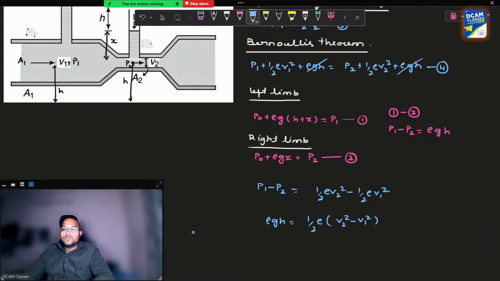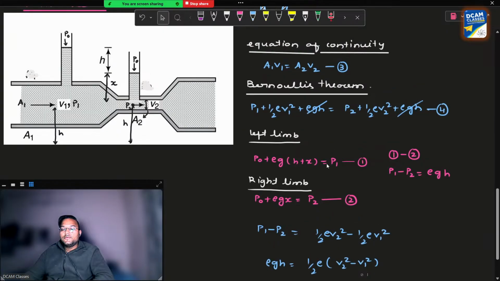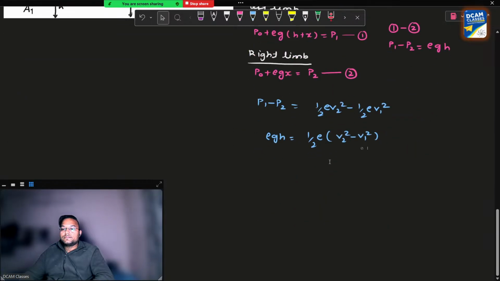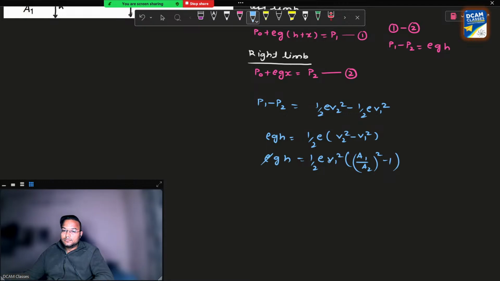What is V2? I can write V2 is equal to A1 V1 by A2. Half rho V1 square into (A1 by A2 whole square minus 1). Rho gets cancelled. V1 square is equal to 2gh by (A1 by A2 whole square minus 1).